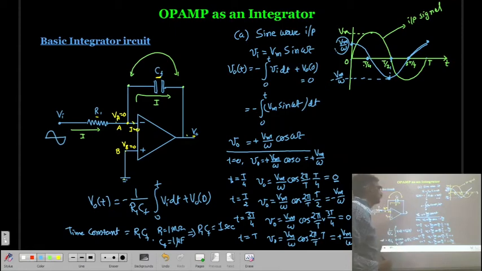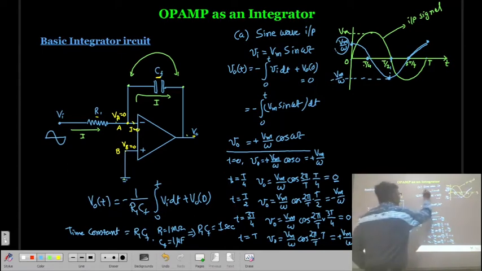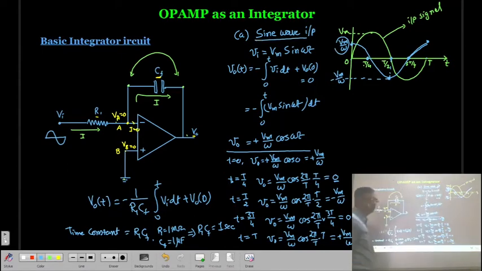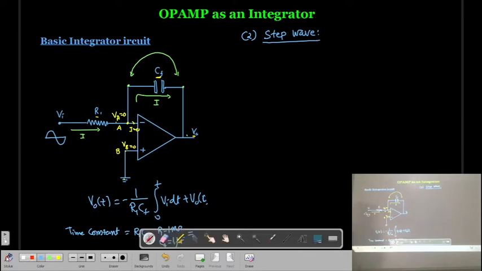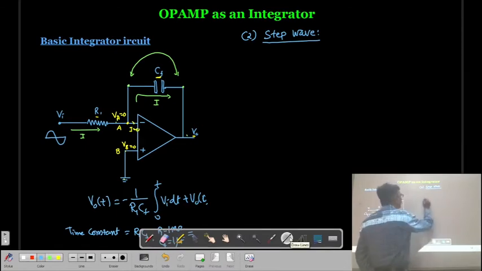Okay. Now let us say, instead of a sine wave, we apply a step wave at the input. What is a step wave? Remember, a step wave is a kind of this signal.